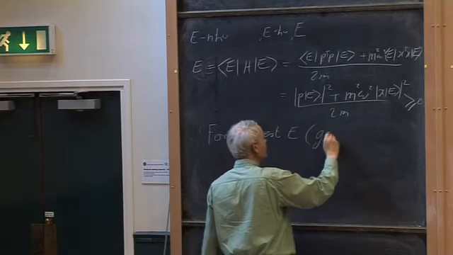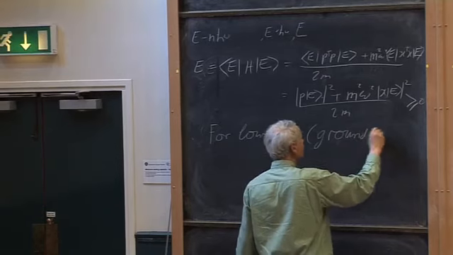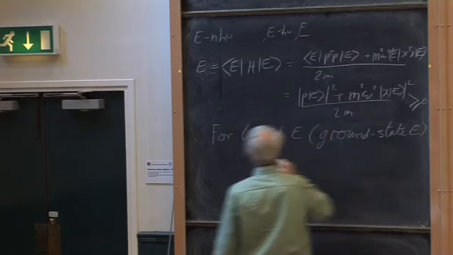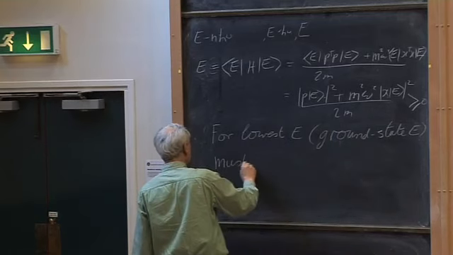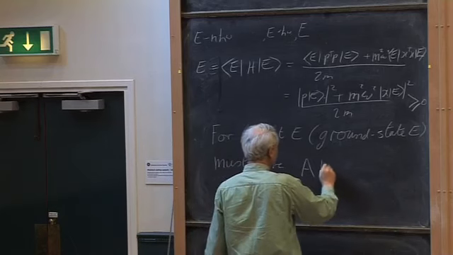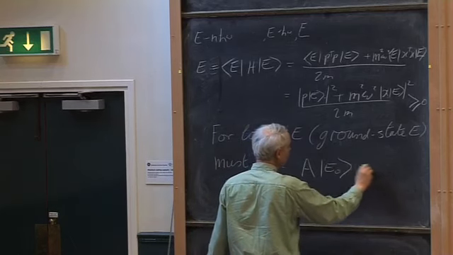That's the ground state. We must have that A on E0 equals 0.